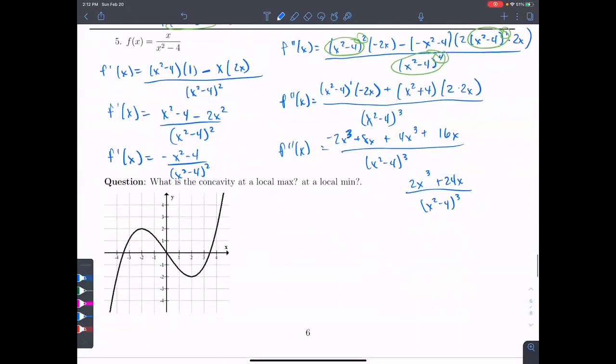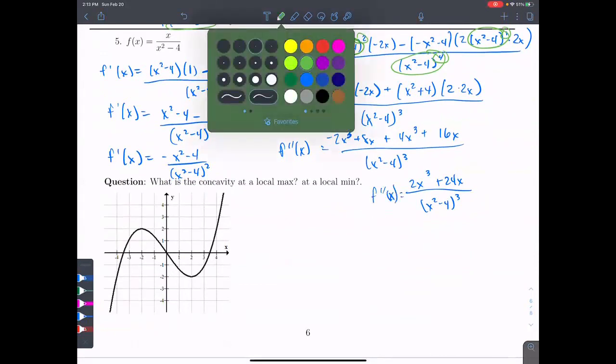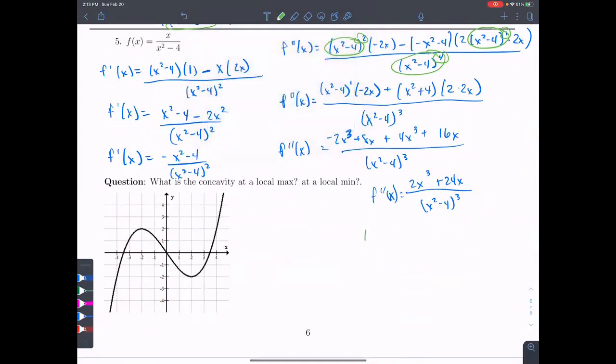So we have, goodness gracious, this is f double prime of x. This has, where the top would be 0, x squared plus 12.